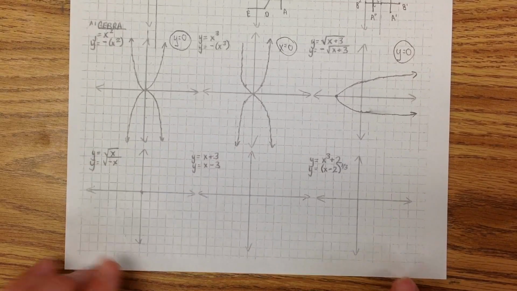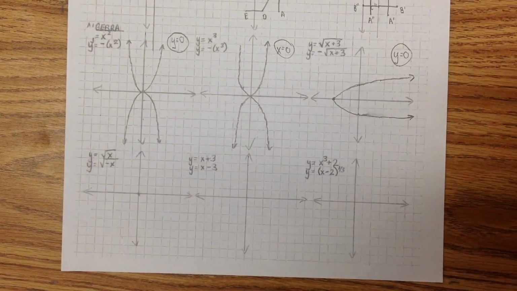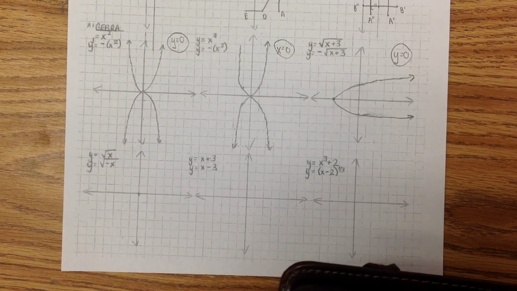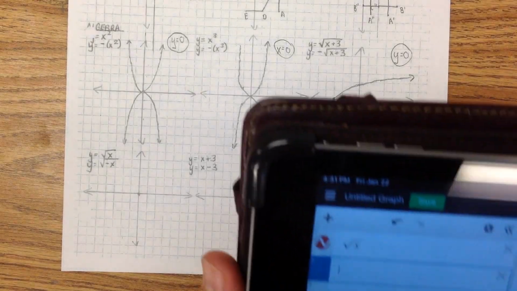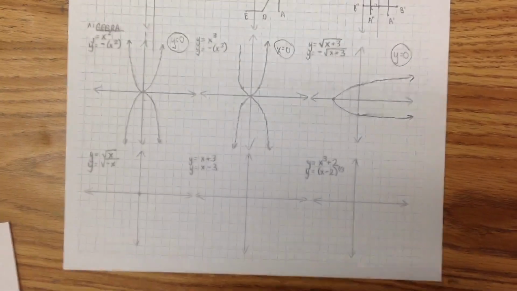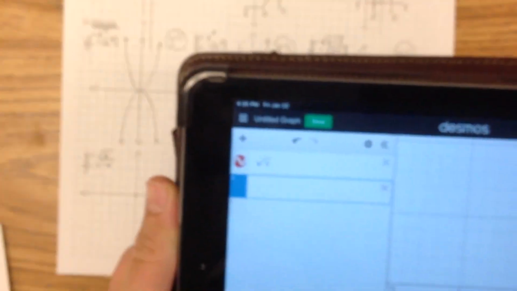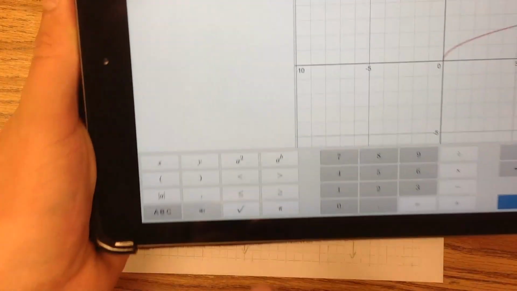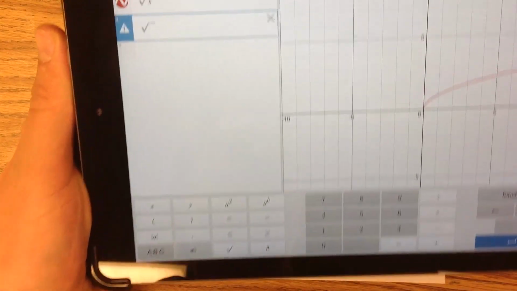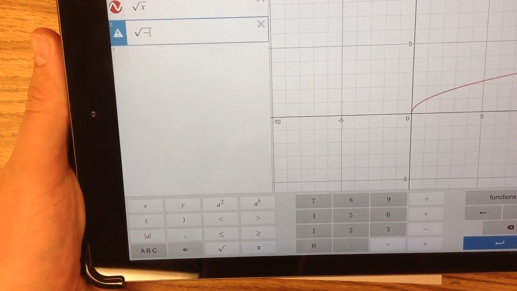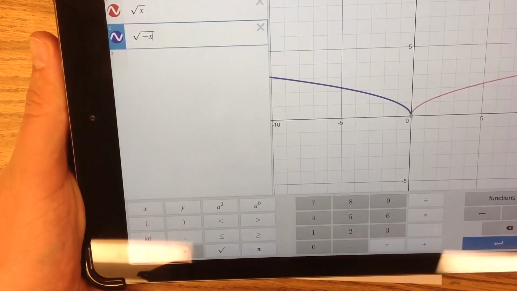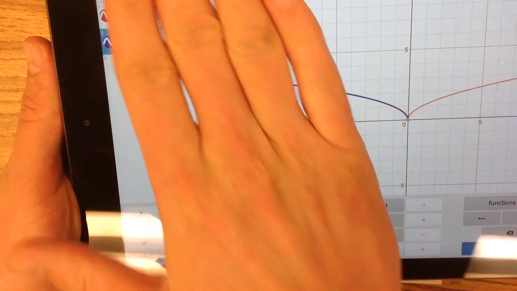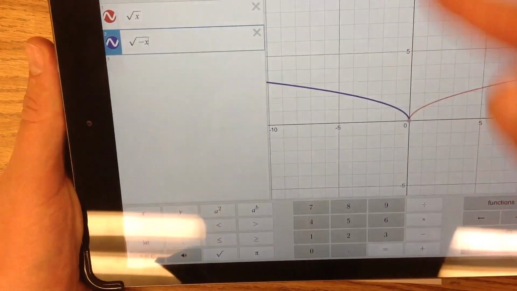Okay, I'll do the next one, then you guys do the next two. So square root of x, and then square root of negative x. And look what happens here, how to get from the blue line to the purple line. This time it reflected over the y-axis.